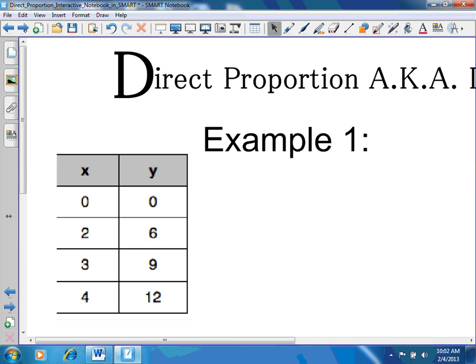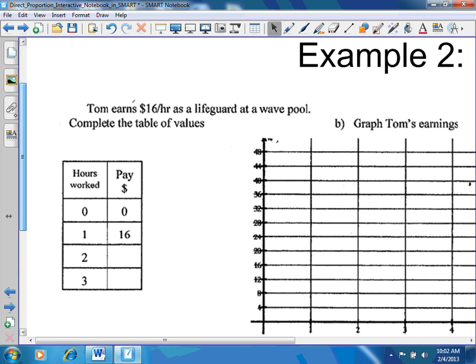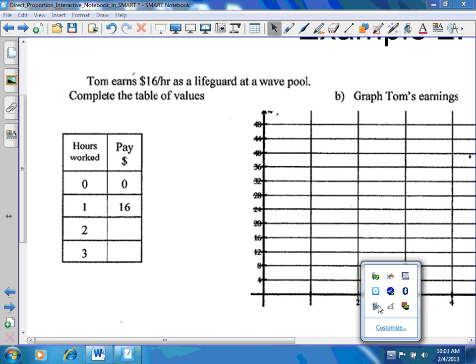I want you to cut out this entire piece right here, where it says Tom earns. All this comes together. So cut out one big piece. Don't cut out 3 separate pieces. Cut out the whole chunk at one time. I'll give you just a second for that. And then glue it down underneath the work we just did.